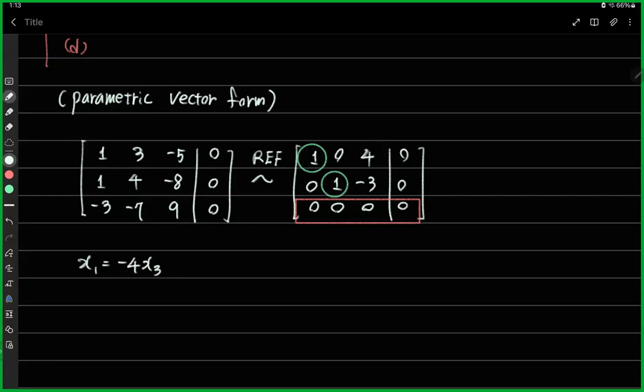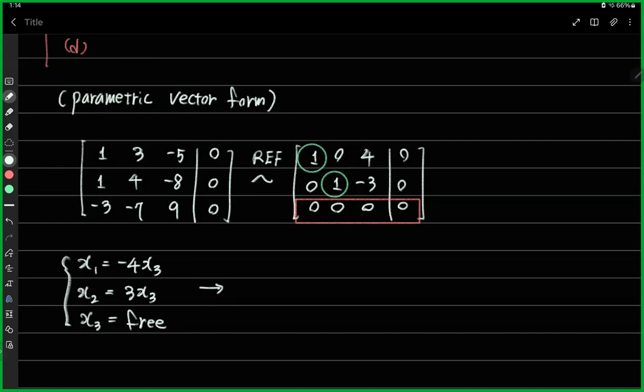So we're going to rewrite back to the system of equations before we get the vector form of the solution. Okay, so 1 times x2 minus 3x3 equals 0. So x2 must be 3 times x3, and then x3 is a free variable, it can be any number. So let me just say free.